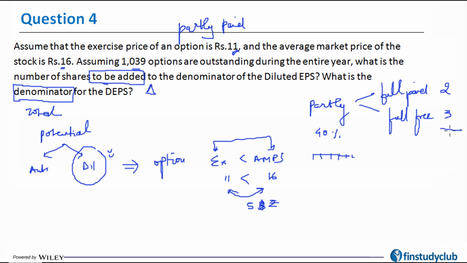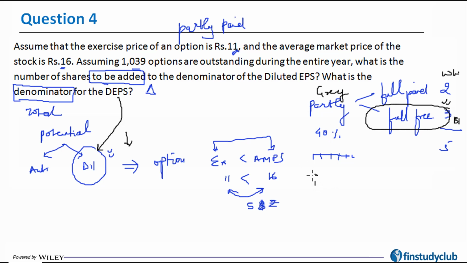So in this case also, 2 out of 5, your course completion will be equal to 40%. So I am interested in converting this gray matter, which is a partly paid up issue, into absolutely white and absolutely black. Always recall that dilutive securities are the ones which will have the impact of reducing the EPS, and therefore I am interested in looking at the fully free portion. I am not interested in looking at the fully paid up portion as such.